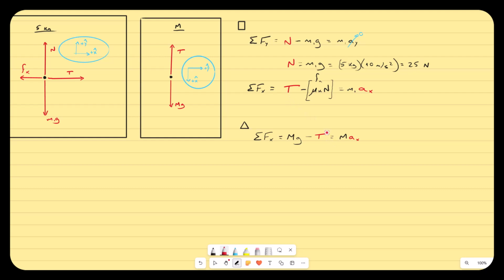I now have 2 equations with 2 unknowns. I'm going to add them up. Left side, tension minus mu k, the normal force was m1g, mu k m1g.